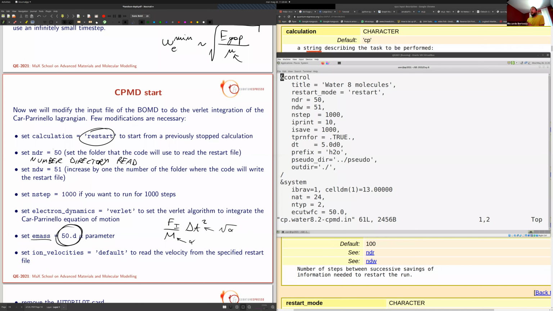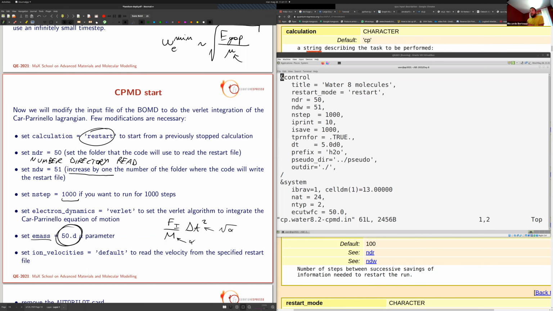That is the number that identifies the folder where the code is going to read the restart files. Then you have to tell the number of the directory to write, and I increased this by 1 to not overwrite the previous directory. So if I want, I can restart again from the previous calculation. Then I want more steps, and since Car-Parrinello is usually cheaper for a single step, I can put here a much bigger number.